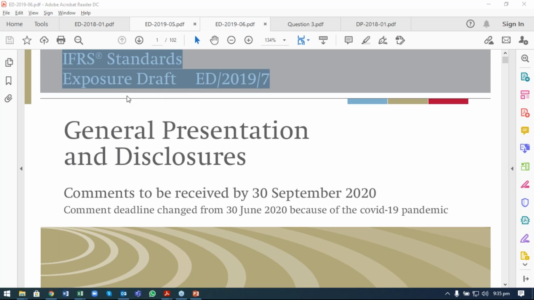I have read fair value less cost to sell and not NRV, while comparing with VIU to get the recoverable amount. Yes, fair value less cost to sell is actually NRV, net realizable value. So what is net realizable value? Net realizable value means the net amount you're going to realize with the sale of an asset.